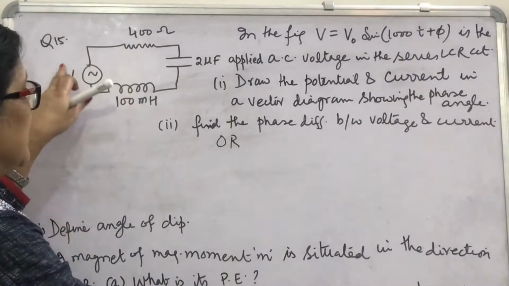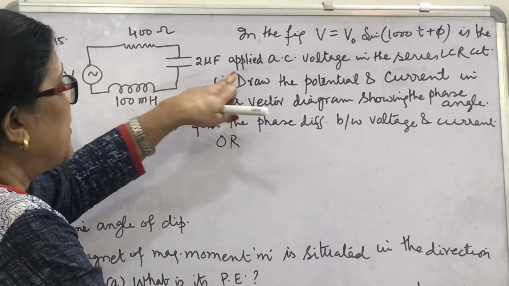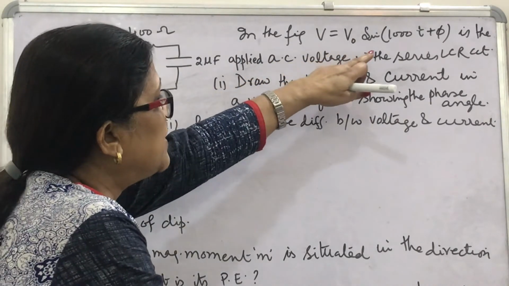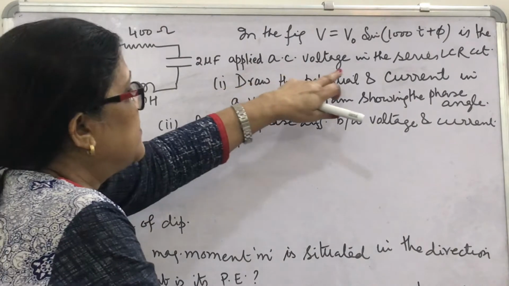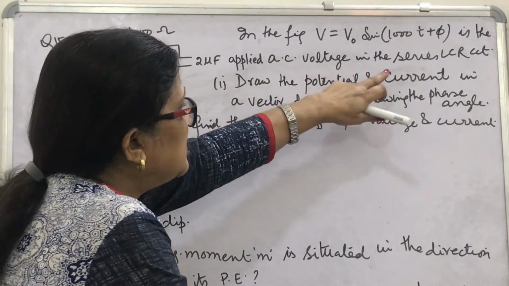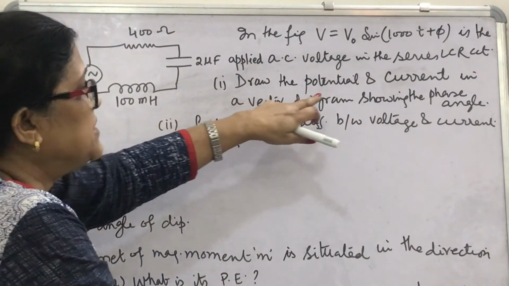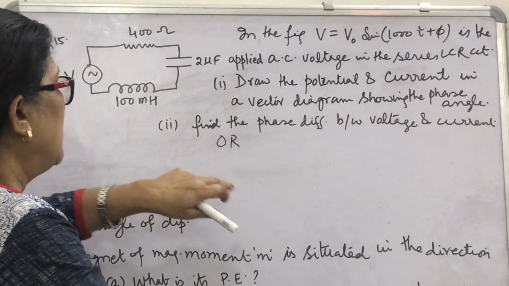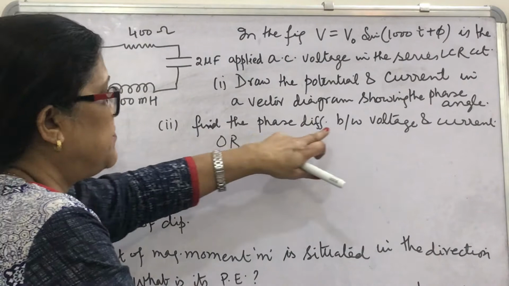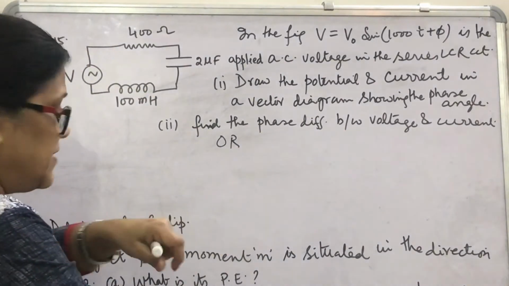Question 15. In this figure, the applied voltage is V0 sine (1000t plus phi) applied to an AC voltage in a series LCR circuit. Draw the potential and current in a vector diagram showing the phase angle. Also, find the phase difference between voltage and current.